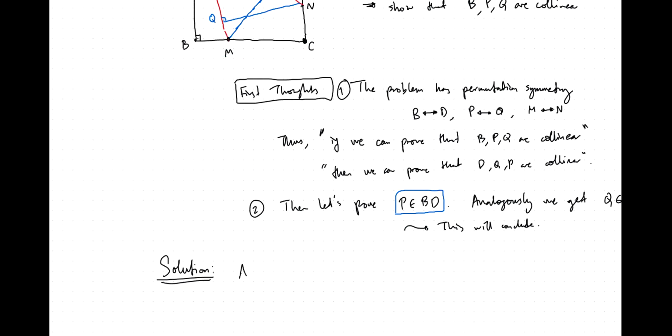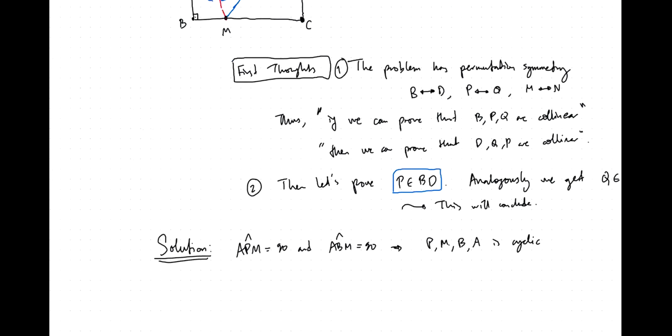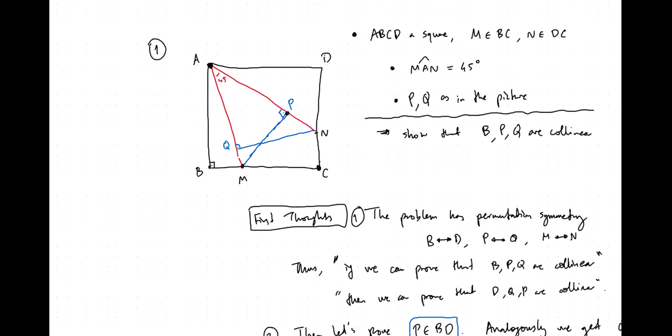APM is 90 and ABM is 90, which means PBAM, well, let's write the points in order, PMBA cyclic. So from this, angle PBM equals PAM equals 45. When this is 45, of course it is on BD.